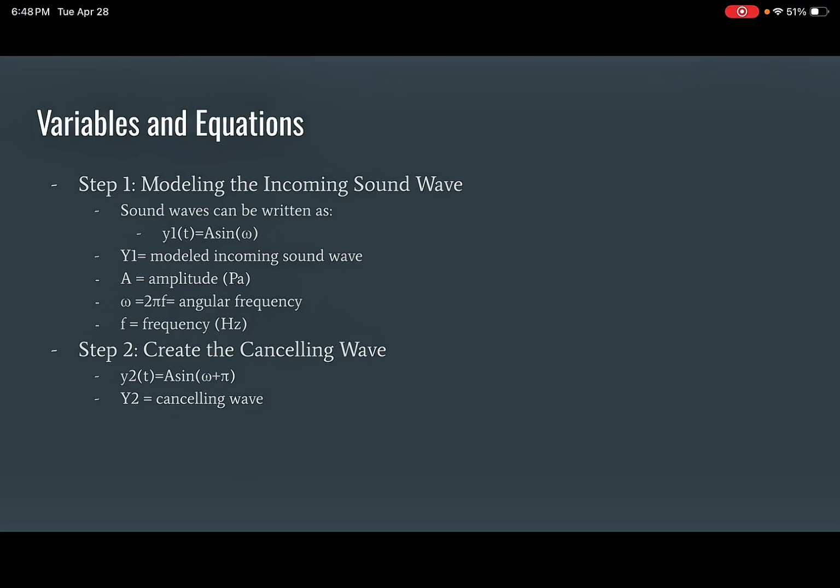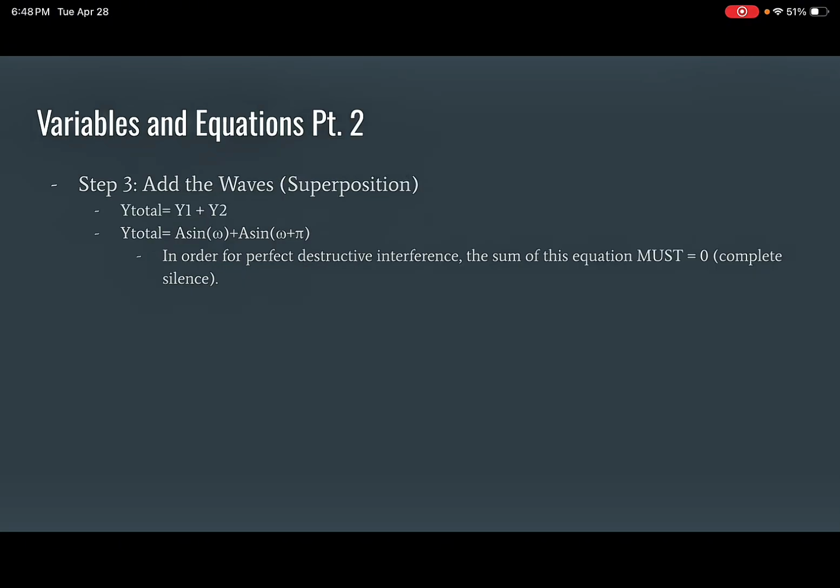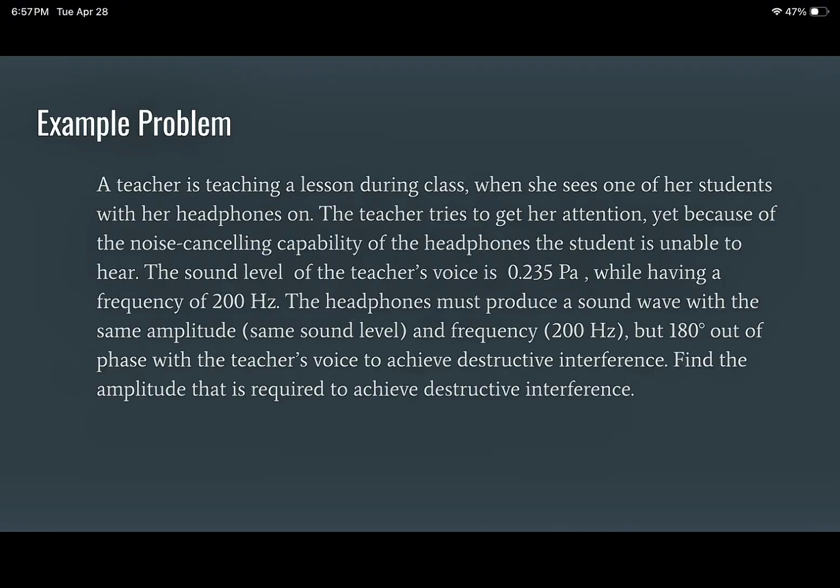So y2 represents the canceling wave. Now step 3, we have to add the waves, which is our wave superposition. So our y total is equal to y1 plus y2. Now y total equals A sine omega t plus A sine omega t plus pi. In order for perfect destructive interference, the sum of this equation must equal 0.